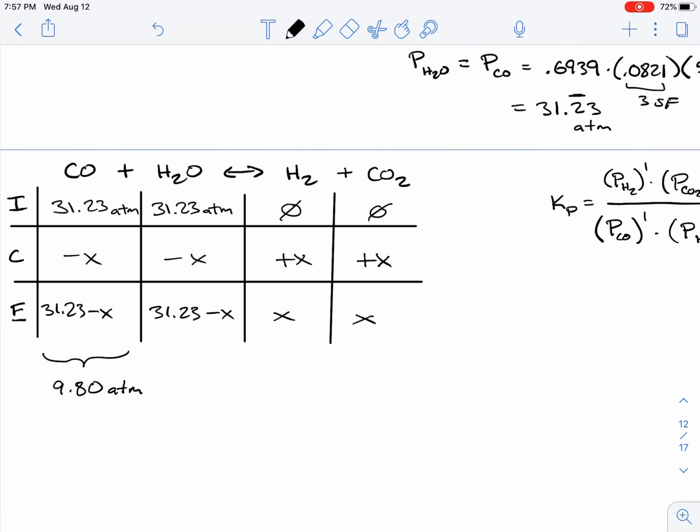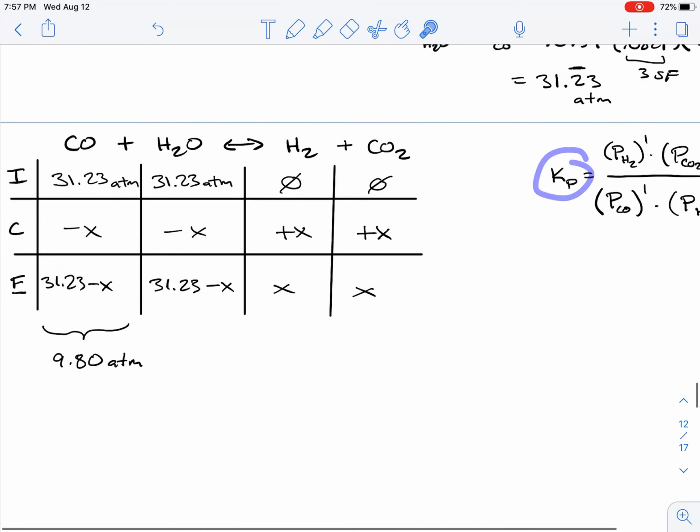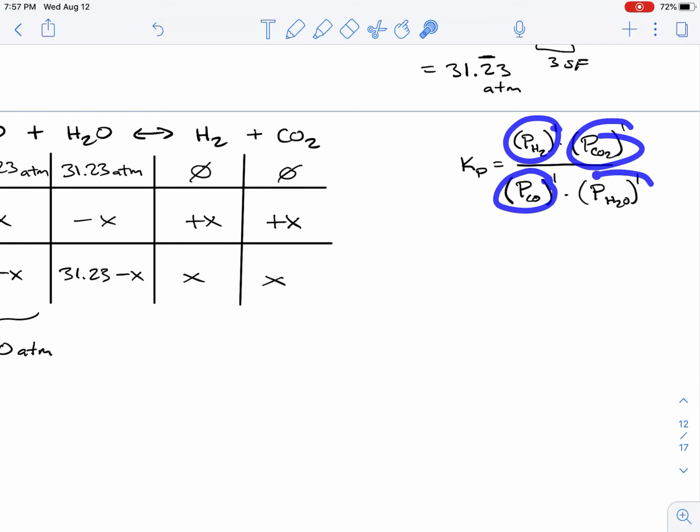And so remember, the goal for part A is to figure out the equilibrium constant with respect to partial pressure. And so what we need to do is figure out what the equilibrium partial pressure is for each and every single one of these substances.